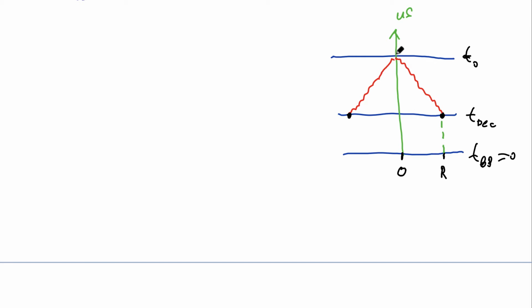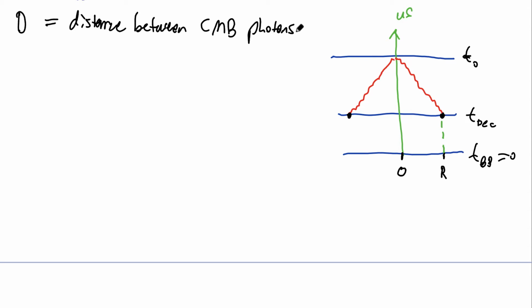So as we look out into the sky, we see the cosmic microwave background in one direction coming from this event, and if we look in the opposite direction, we see the photons coming from this event. So let's call that distance d. So this is the distance, the proper distance between the cosmic microwave background radiation photons that we see when we look in opposite directions in the sky.